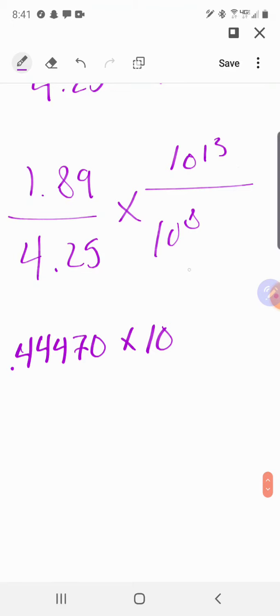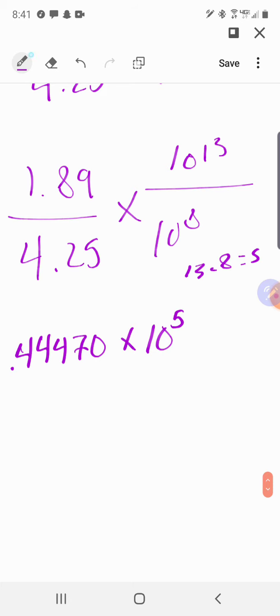13 subtract 8 is 5. The reason why I did 13 subtract 8 is because we know that with our exponents, whenever we are dividing, we need to subtract the exponents. So with that being said, that is going to bring me to 10 to the 5th. And since our answer cannot be in scientific notation, I'm just going to move that decimal 5 places over.